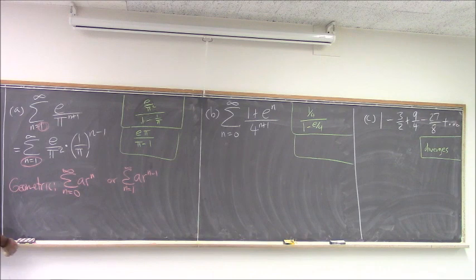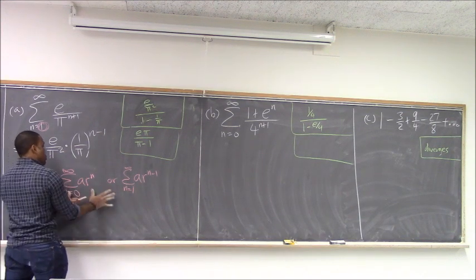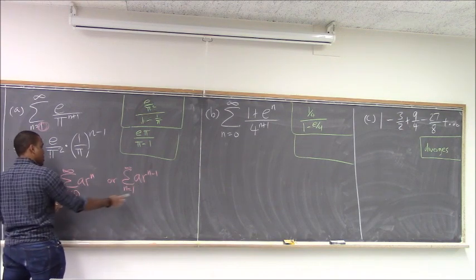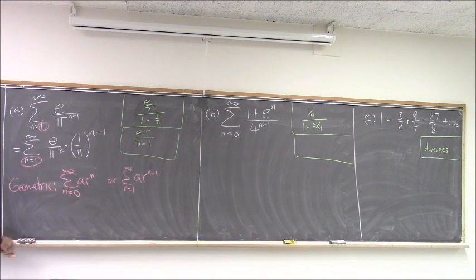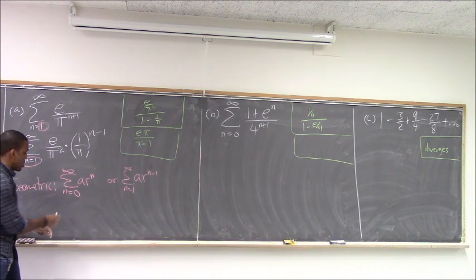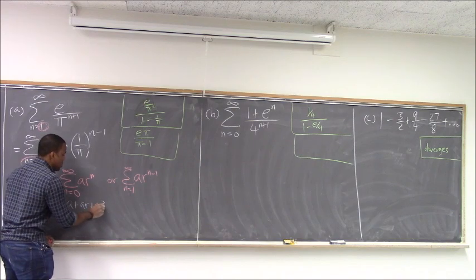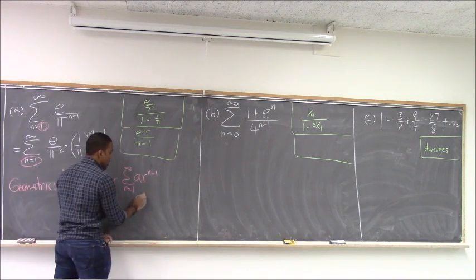If you're thinking this is geometric, which you're going to get used to actually identifying later on, once you kind of guess, yeah, this might be geometric, how you put it in the right form is going to be important because it depends on how it starts off. You have to write it in such a way that your a is going to be the first term, right? Now both of these will look like this when you actually write them out.